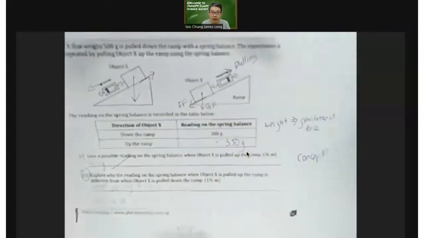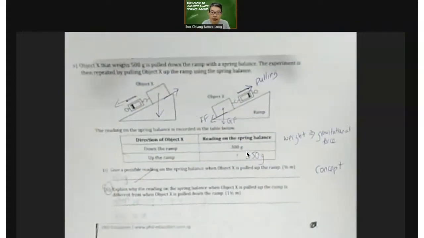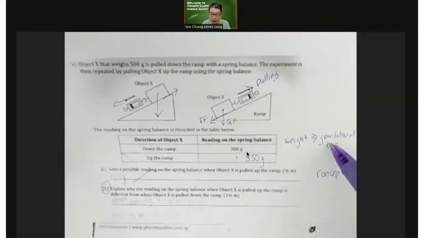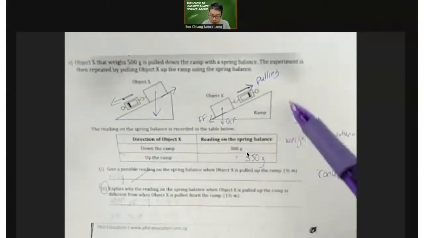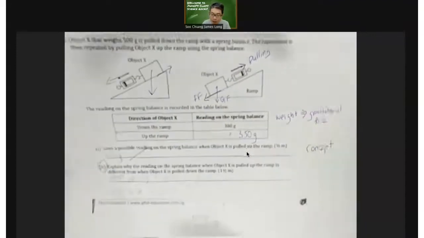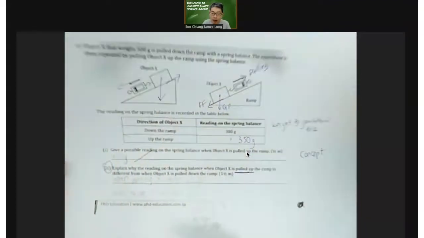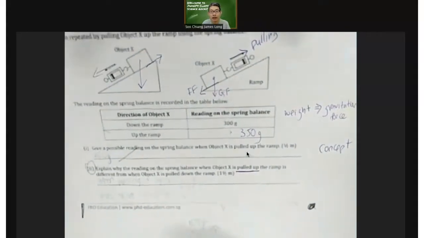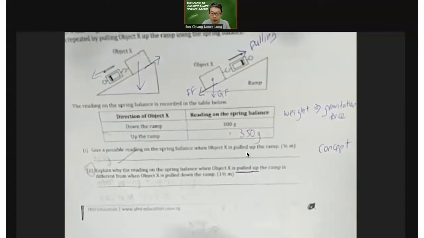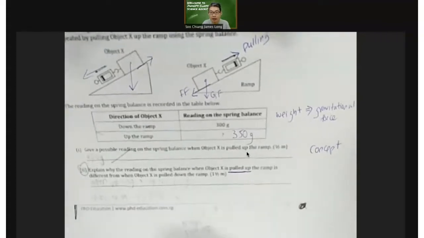Is it about forces or energy? I can see here, there's no mention about kinetic energy or movement anywhere. Another clue that tells you about forces is here, pull up the ramp. It's much harder to answer in terms of energy. It's much easier to answer in terms of forces.